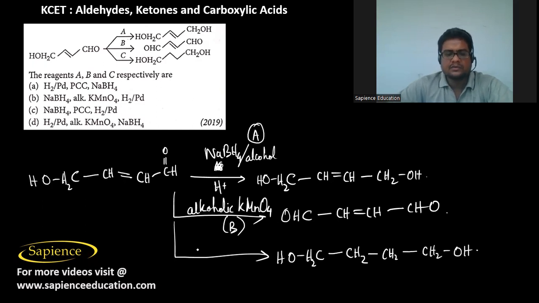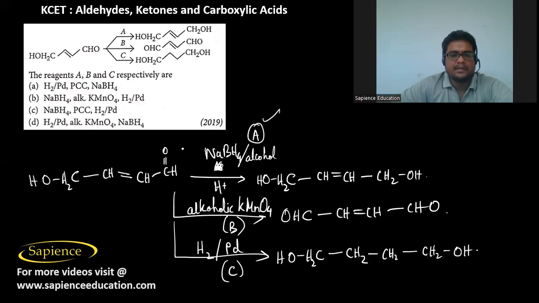So here we should use the hydrogenation reaction, which is H2 in palladium. So it is the reagent C. So the first one is NaBH4, the second one is alcoholic KMnO4, and C is H2/Pd. So option B is the correct answer.